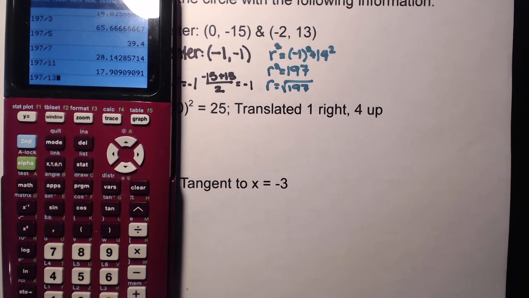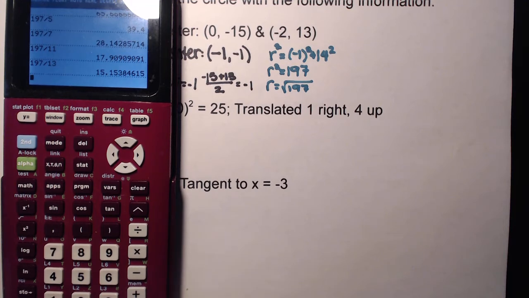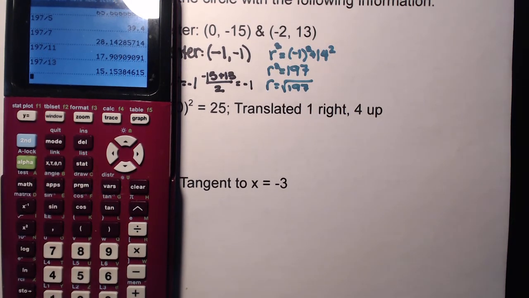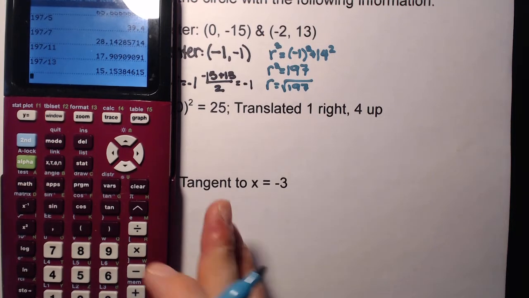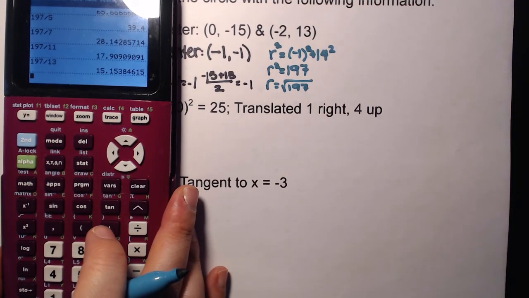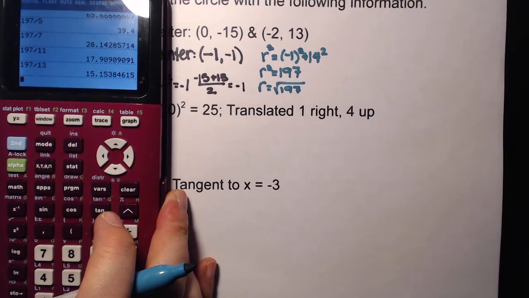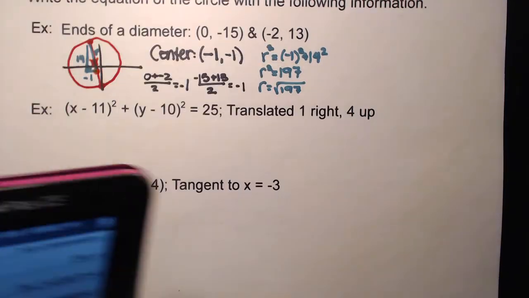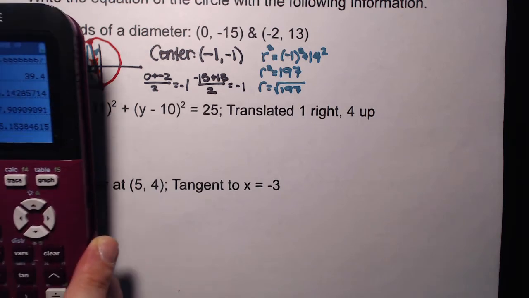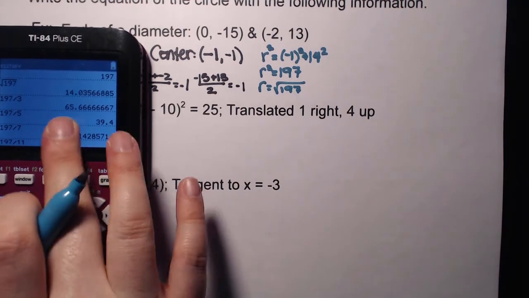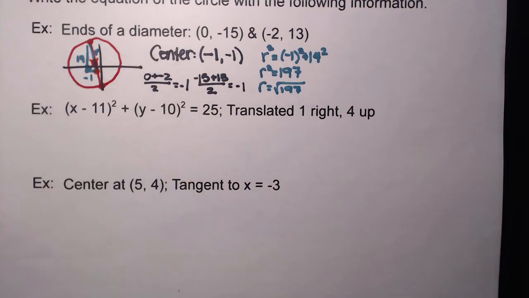I could do 13. And see how these numbers are getting closer and closer? I'm kind of out of options now. So that's actually going to be the r value. That's going to be the radius of the circle, which is a weird number, but that's okay. We found that it was a little bit over 14.